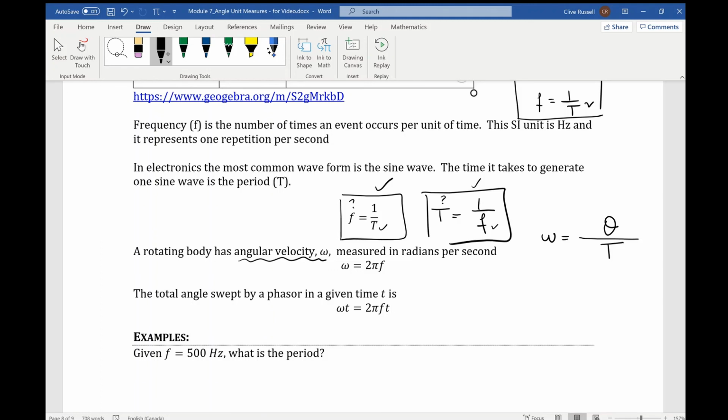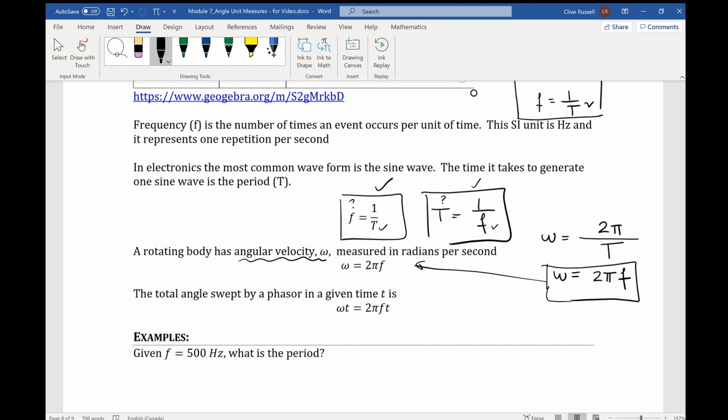Now, the angle really is your 2 pi radians, which is your whole circle, over time. So therefore, omega is 2 pi over T, but we know that T is 1 over f, or f is 1 over T. So we could write this as 2 pi times f. So that's our angular velocity.